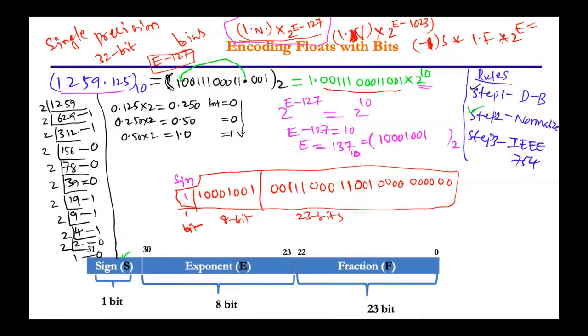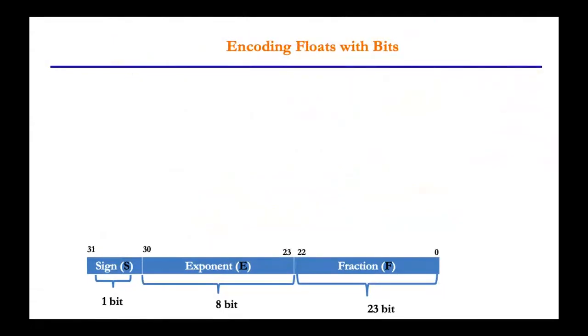So this total is the encoding of your floating number in 32-bit single precision. Okay, next, let us do one more example so that you can better understand.